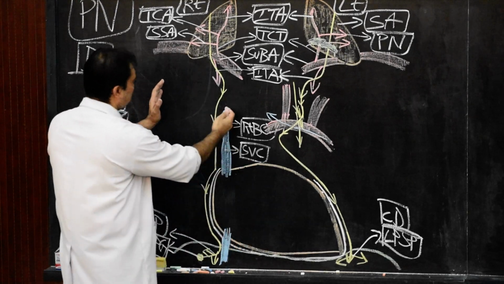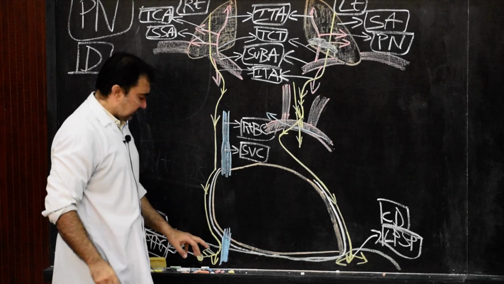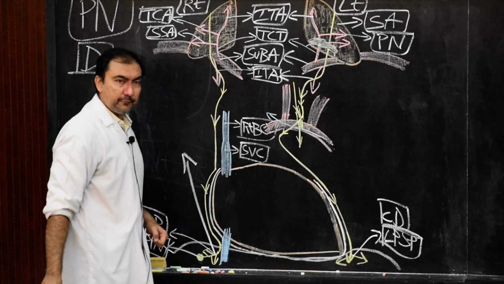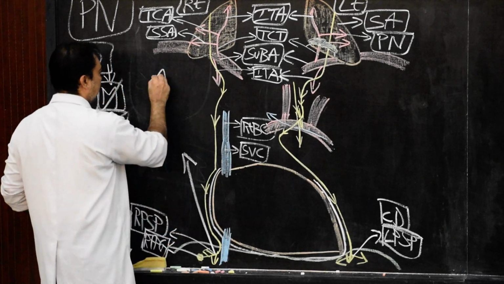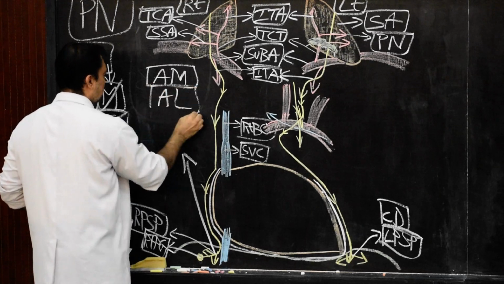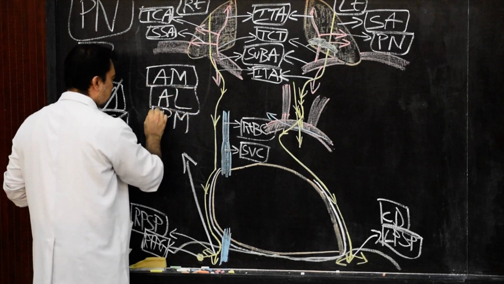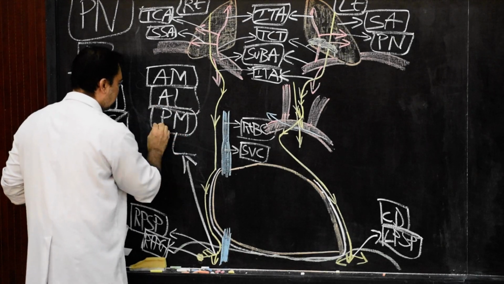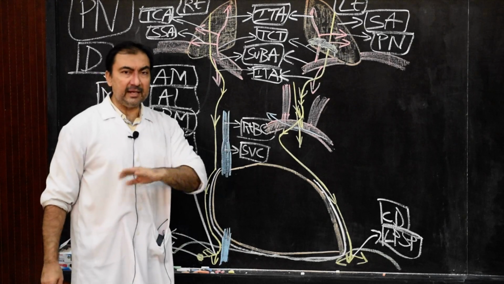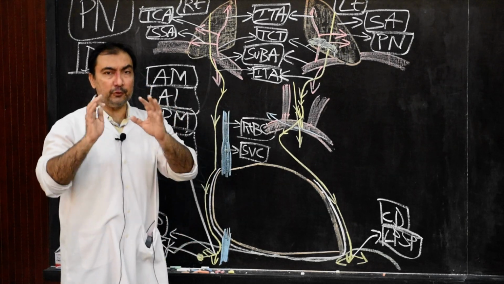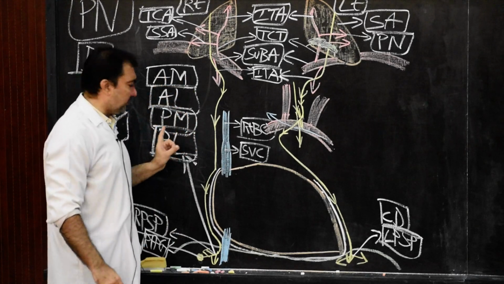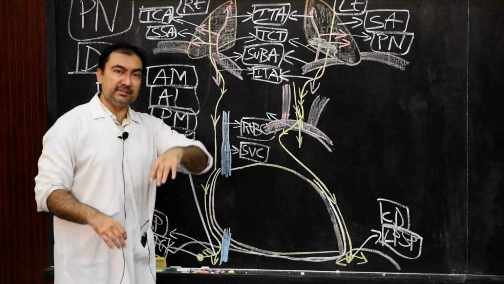On the right side, the right phrenic nerve will divide into four sets of branches called anteromedial, anterolateral, posteromedial, and posterolateral branches. Same branches on the left-hand side. So each phrenic nerve, right and left, will divide into these four sets of branches.